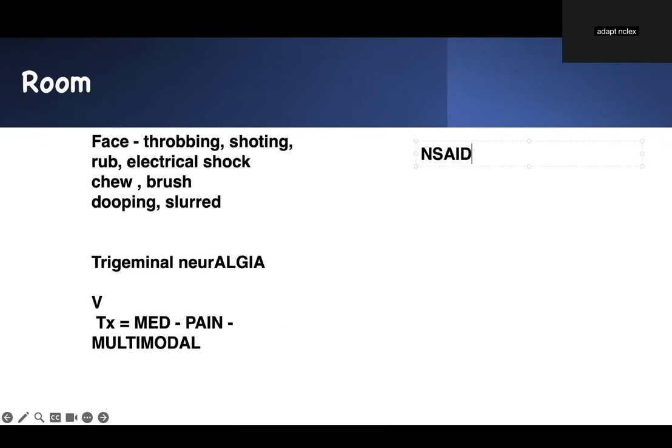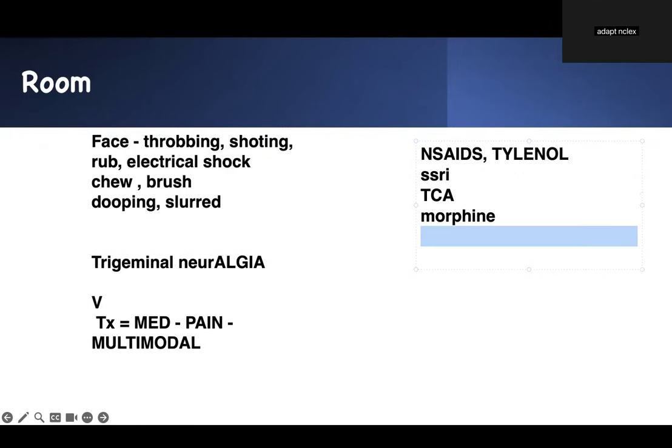They get NSAIDs, they get Tylenol, acetaminophen, they get antidepressants, SSRIs, TCAs, opioids, anything you can think of, like maybe morphine. But the normal one is what? You have to know this for your NCLEX. It's an anti-epileptic, and that is what? Carbamazepine. And this is the normal one.